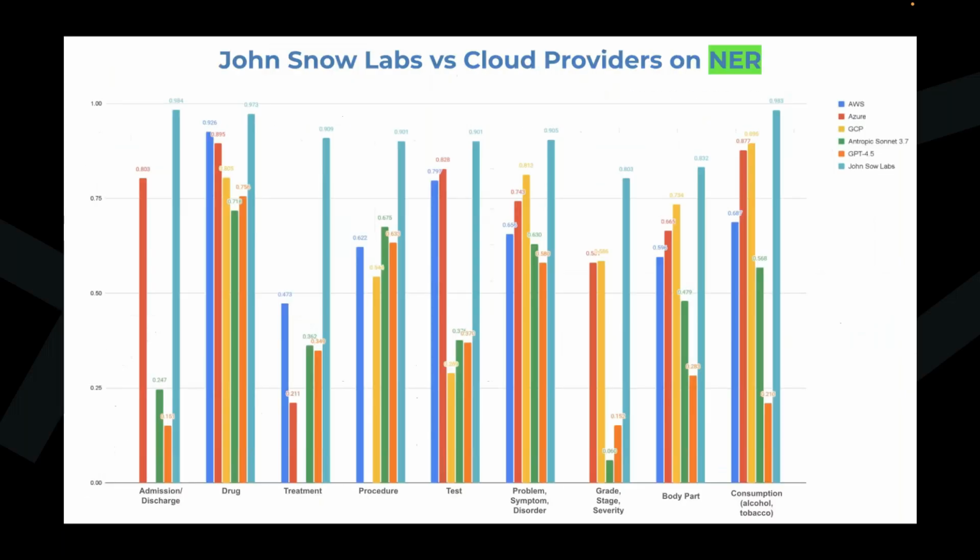We compared ourselves with the cloud providers as well, because AWS, Azure and GCP all have their own healthcare APIs. And people tend to upload their documents to LLMs like Anthropic Sonnet, GPT 4.5 or GPT-5 and extract all these entities as well. We did some analysis on certain entities, and we see that specialized small entity extraction models are still doing better compared to large language models.